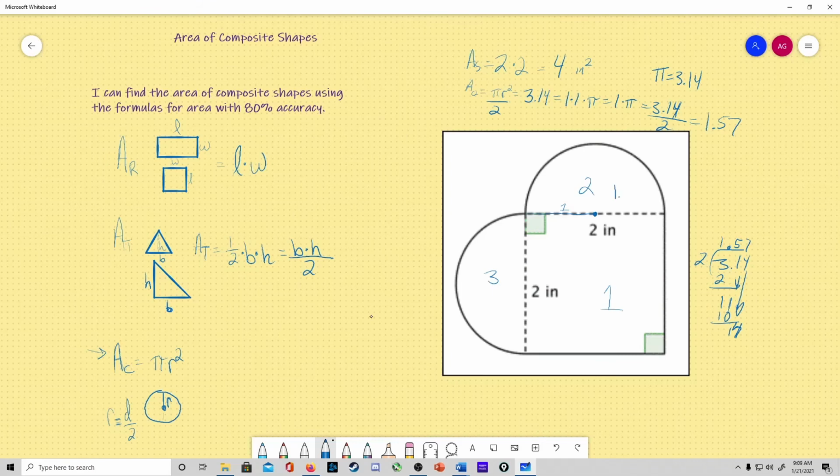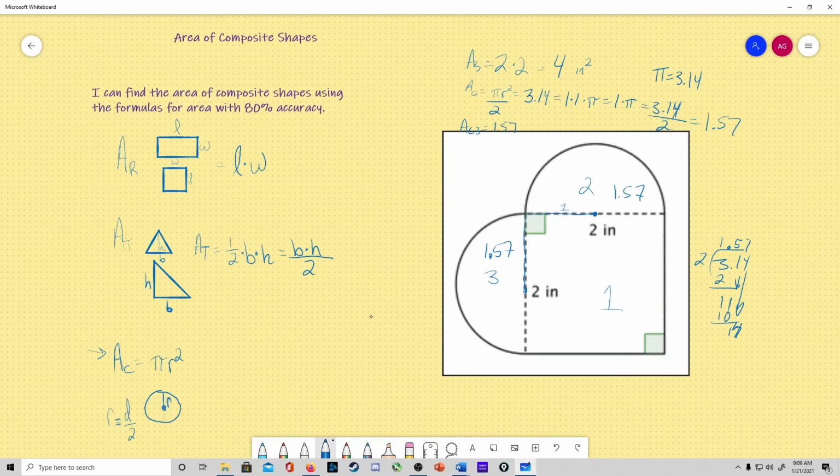Now we can look at this other one. Oh, the radius of this one's also 1. Wait a minute, these are the same. So this one's going to be 1.57 as well. That's one way of doing it. So the area of circle 3, shape 3, is 1.57.